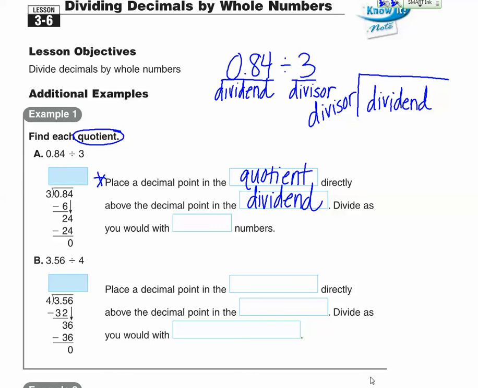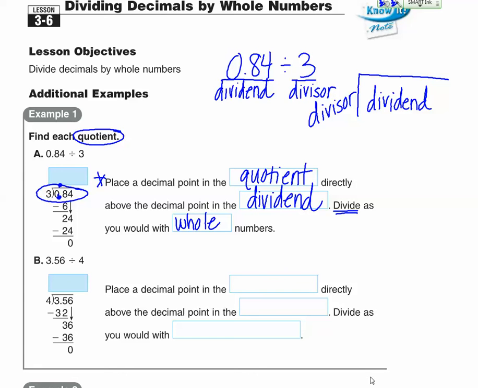If we're looking over here, I have 84 hundredths divided by 3. I have the decimal point here between the 0 and the 8. Panthers, the only thing different that you need to do between this and the division we practiced a couple weeks ago is bring it up to the quotient line. That's it. They should be right above each other. Then you are going to go back to the steps, divide as you would with whole numbers.